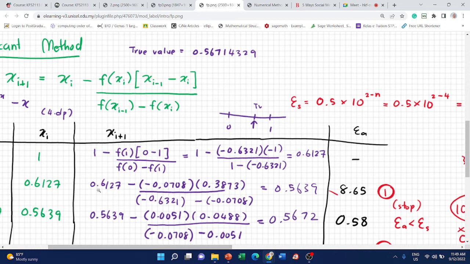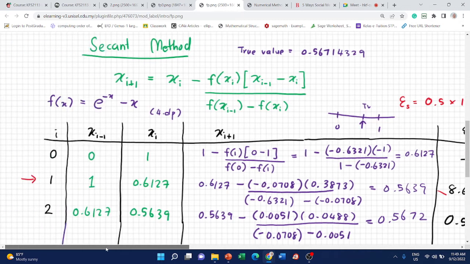Okay, so where does 0.6127 come from? Once you replace 0.6127 into the formula. Okay, how do we get negative 0.0708?